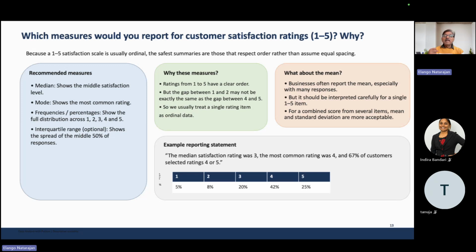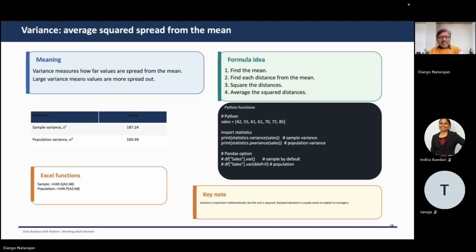So we can say 67% of customers are happy with our product, and you can say 20% of the people are in the mid of the satisfaction rating, because it is the mid value, you understand. Like this you can interpret. Okay, so this is the way we work with the mean, mode, and median.